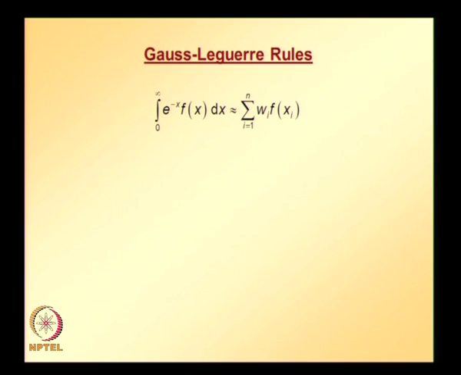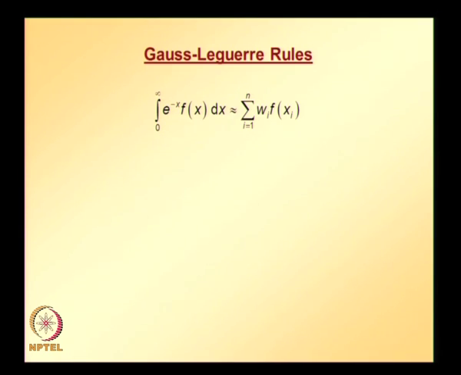Similar to Newton-Cotes rules or Gauss-Legendre rules that we have seen, what basically we need to do is evaluate the function at some points over the domain between 0 to infinity and multiply with corresponding weights, and the number of points that we need to use depends on our choice.